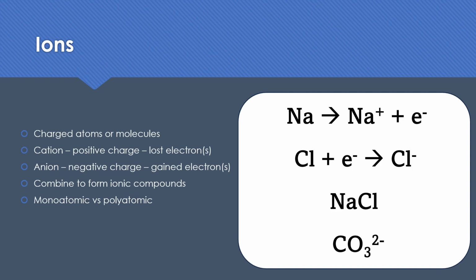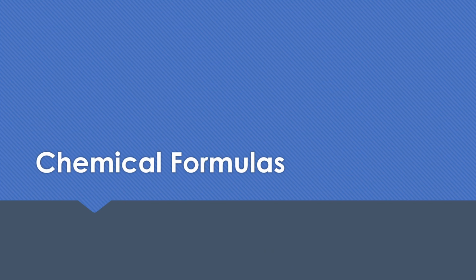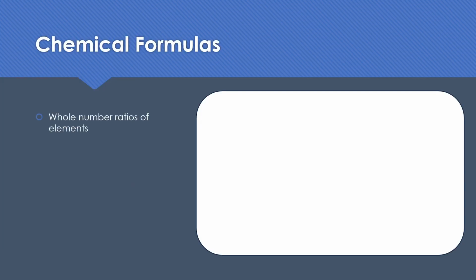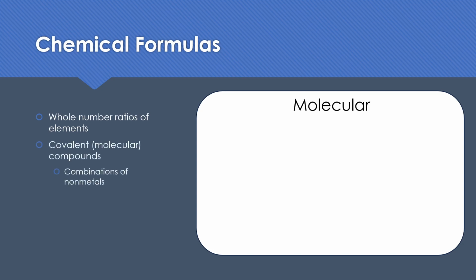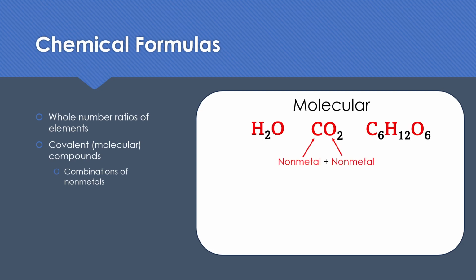So when we talk about chemical formulas, okay, a chemical formula is basically a whole number ratio of elements. And we can talk about covalent or molecular compounds, which are combinations of nonmetals like water, carbon dioxide, glucose. These are all made of nonmetals and nonmetals, right? And we can talk about ionic compounds, which are combinations of metals and nonmetals.